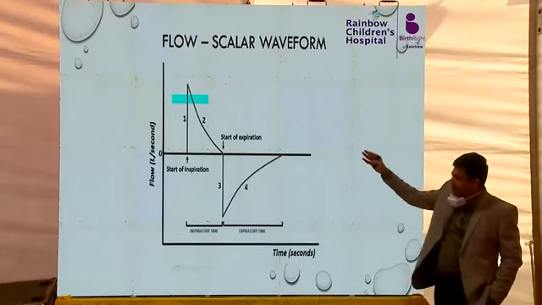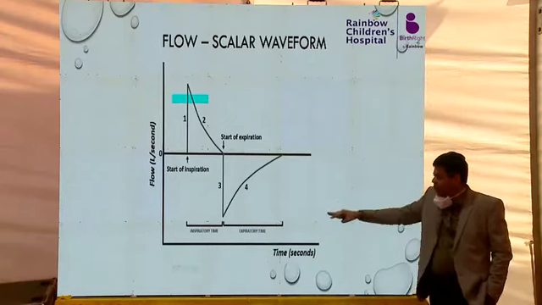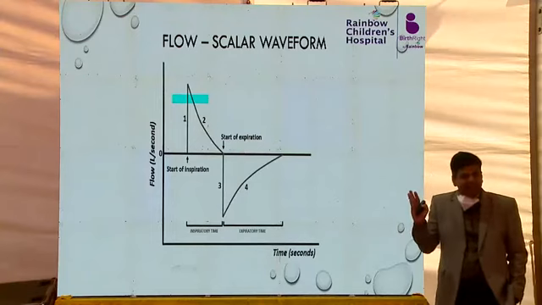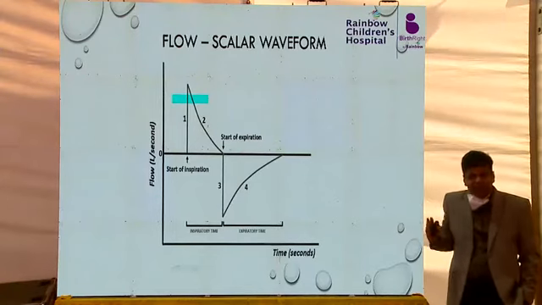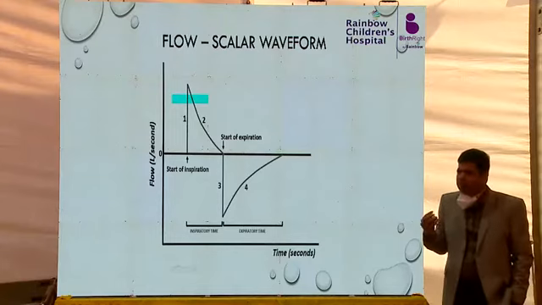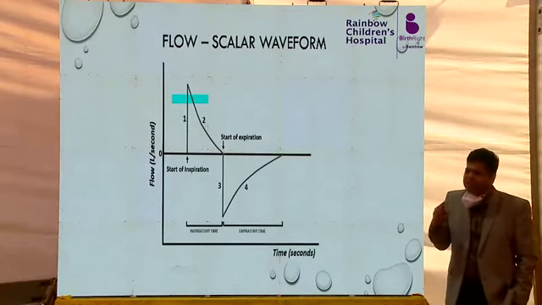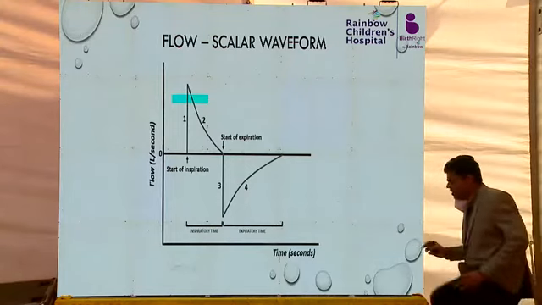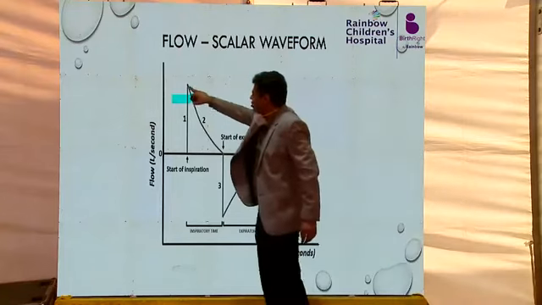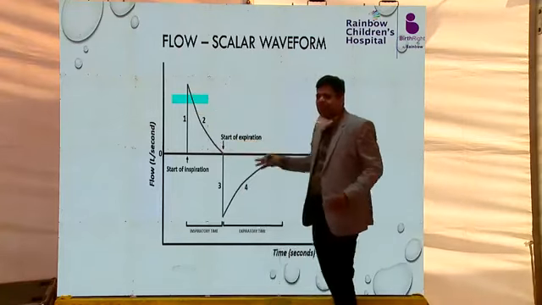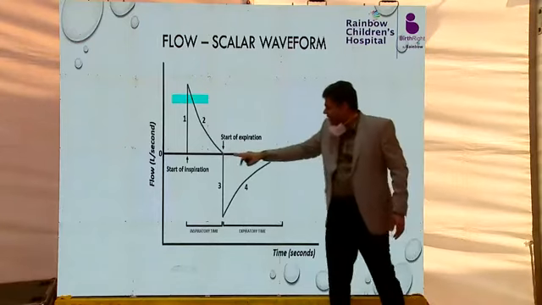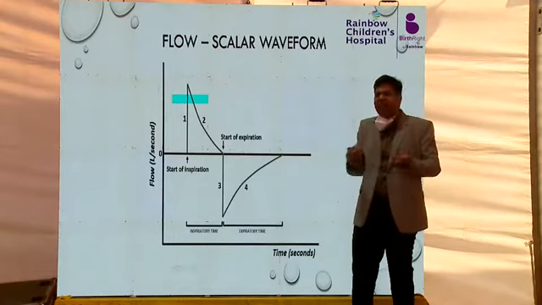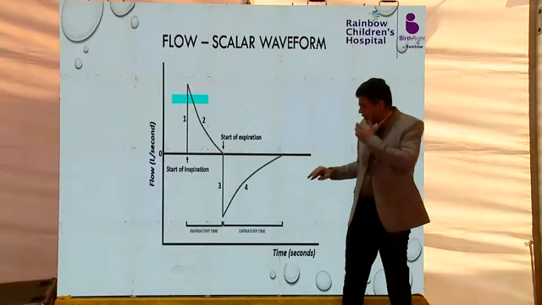The part above the baseline is the inspiratory flow, and the part below the baseline is the expiratory flow. In inspiration, somewhere in the middle, the flow starts declining because the pressure has been equalized, and at the end of inspiration there is no flow because the pressure in the airway and the pressure in the alveoli are similar, so no flow is needed.